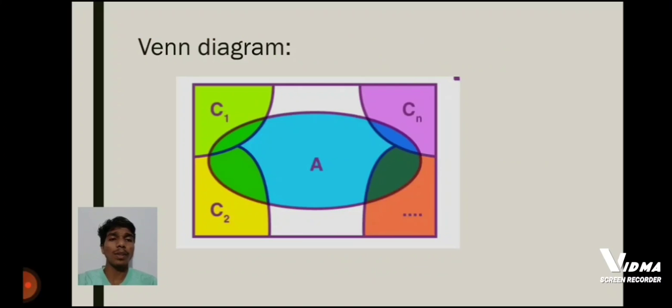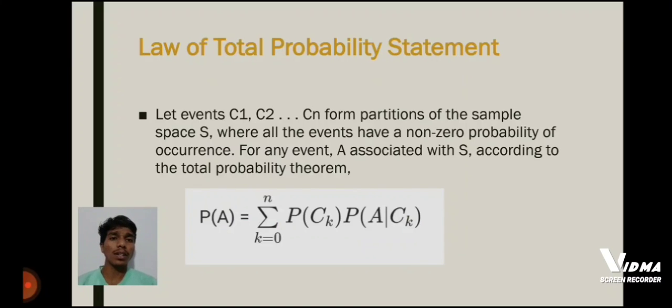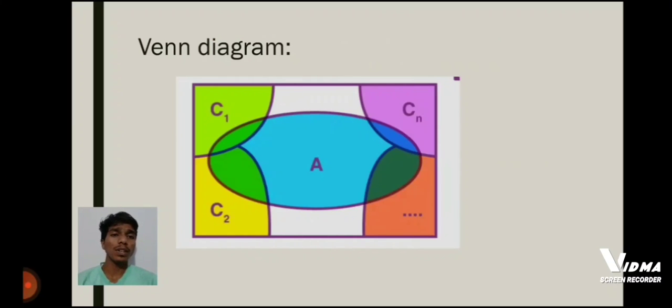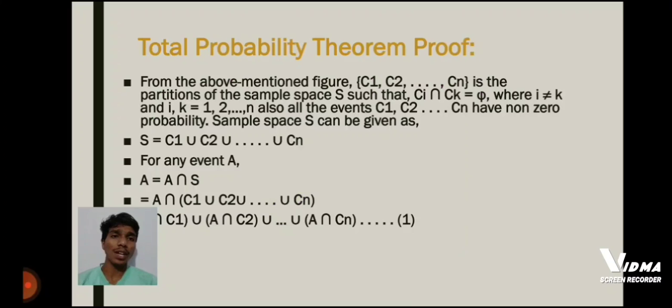Venn diagram: here we have taken events C1, C2, and so on up to Cn, represented in the sample space in the Venn diagram.